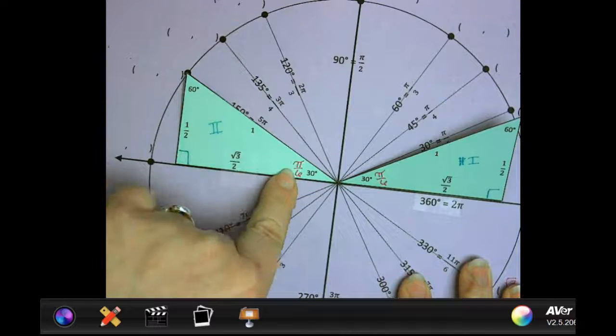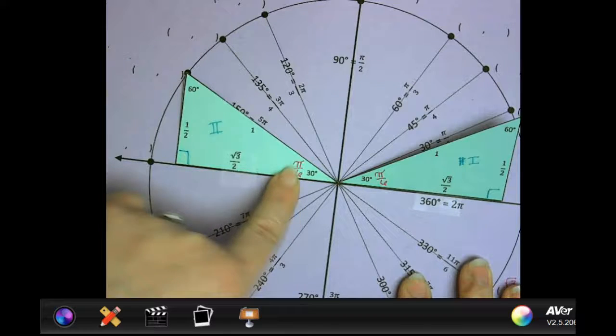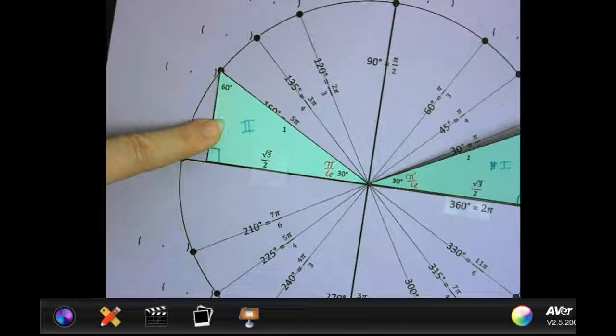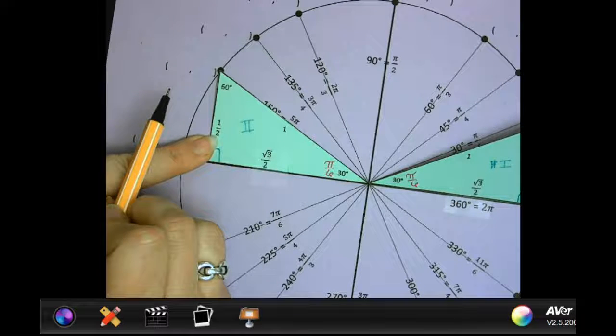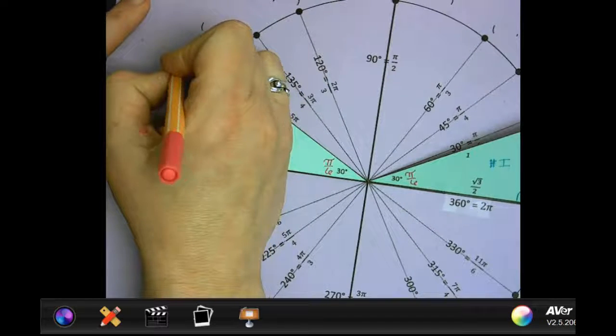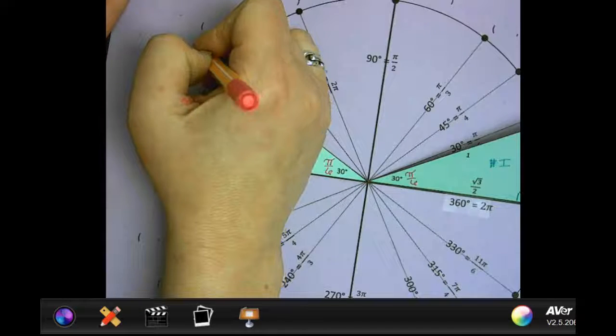But pi over 6 is the reference angle. Okay, does that make sense to you? Right, so here, this ordered pair for where this point is, what's my x value? Negative square root of 3 over 2. And my y value is 1/2.